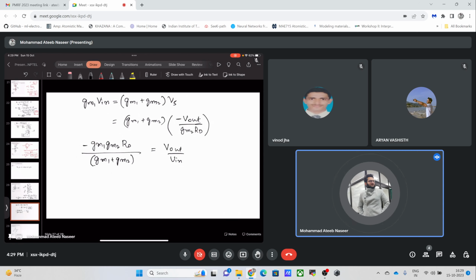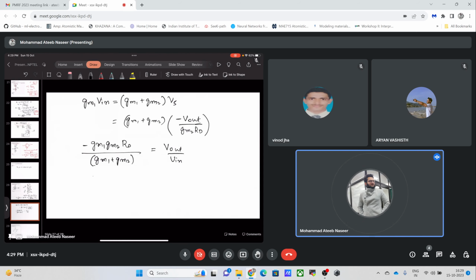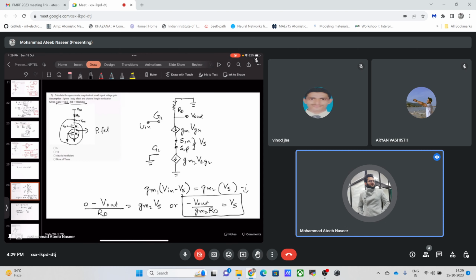Let us put in the values of gm1 and gm2. It is identical, 1 millisiemens, and RD is 10 kilo ohms. The sign is minus, but let's concentrate on the magnitude, because the approximate magnitude is what we are interested in.